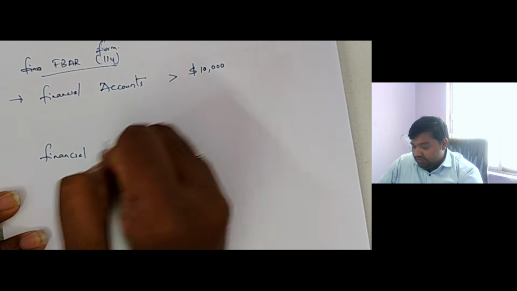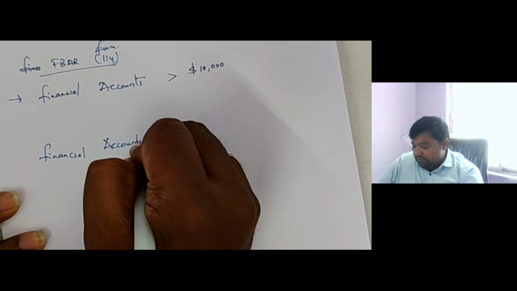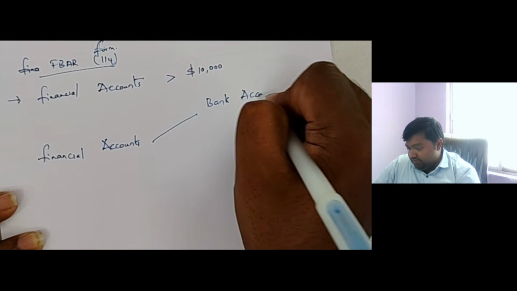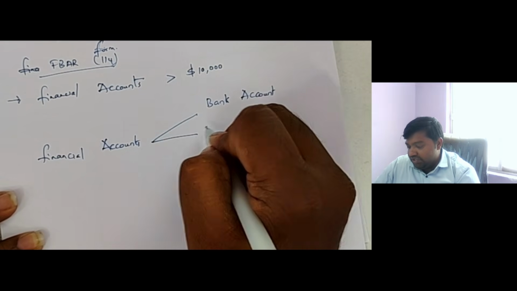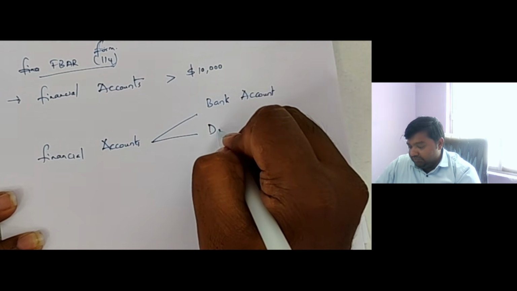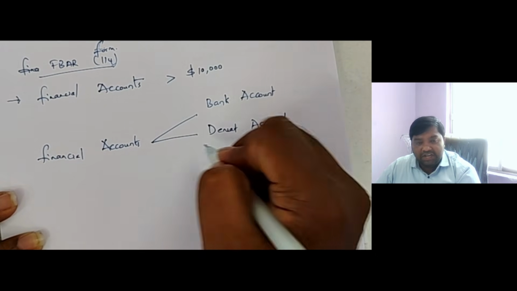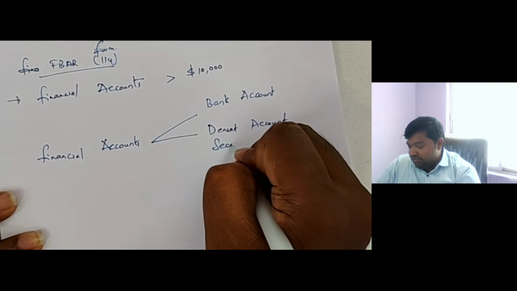Now coming to what will be treated as your financial accounts. Your bank account will be treated as your financial account. If you have any foreign brokerage account, your demat account, etc. Basically, in India we call it demat account, these are security accounts.